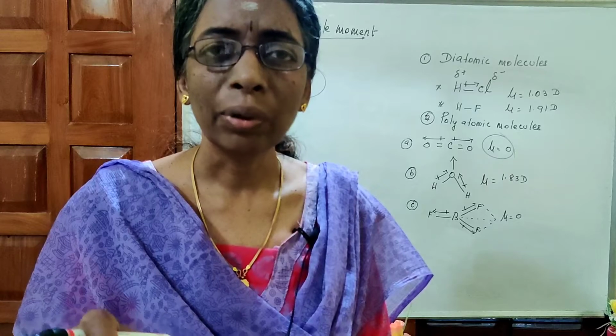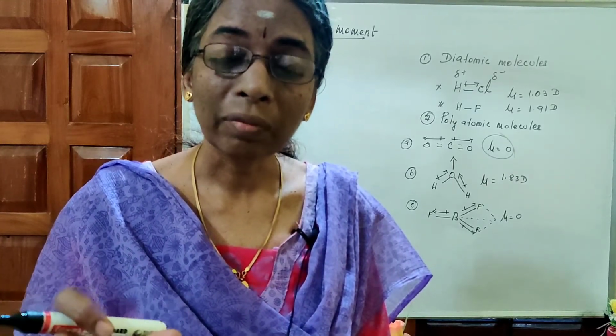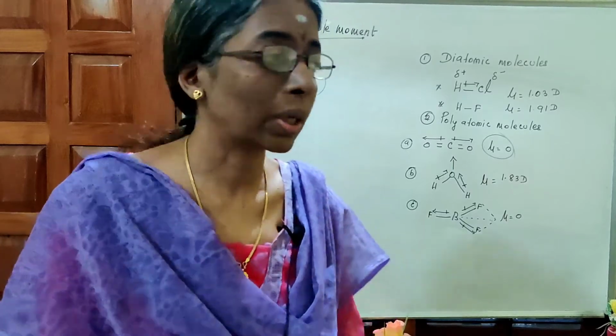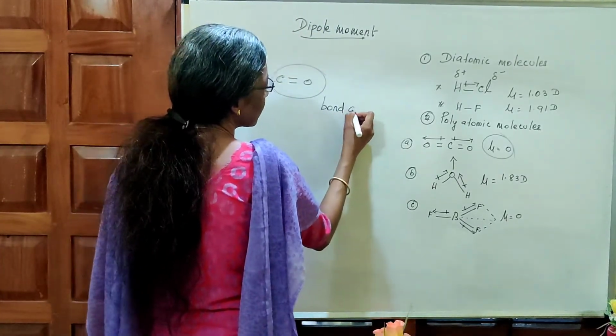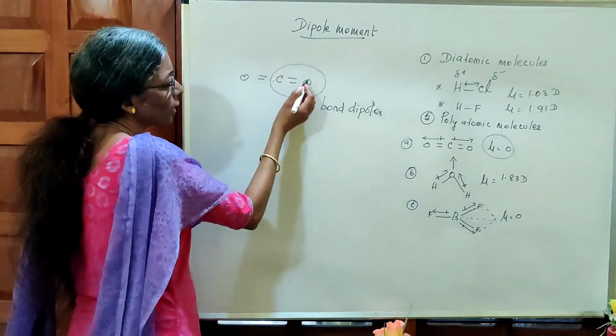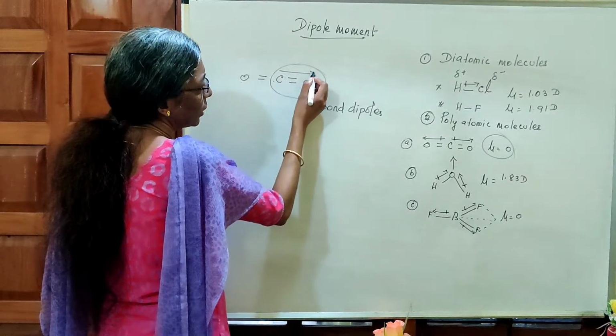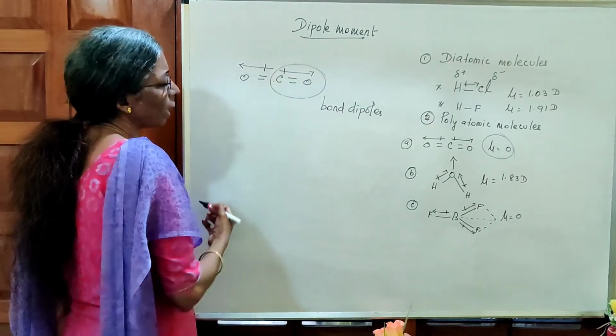Is it clear? We don't call it the dipole moment; the dipole moment of each bond is known as a bond dipole. Oxygen is more electronegative, so we put the arrow like this here, and like this here.